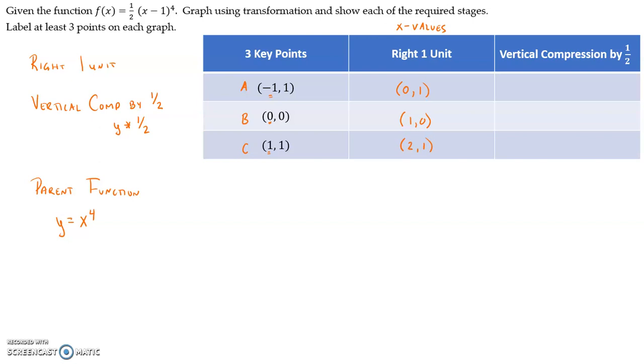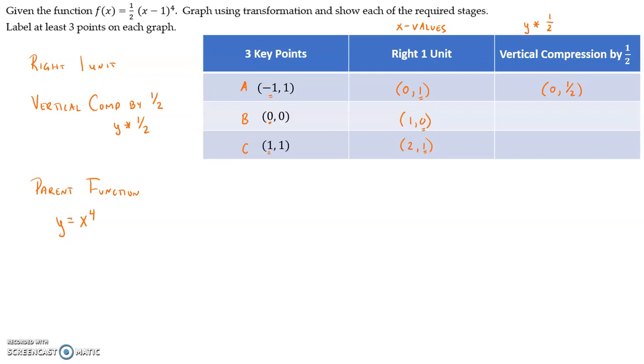And now we want to go ahead and apply the vertical compression. This is going to impact the y values, and remember it's going to be the y values times 1/2. So these are the values that we're looking at. Our x values are going to stay the same. So our first point here, the x value will stay as 0, and 1 times 1/2 will give us 1/2.